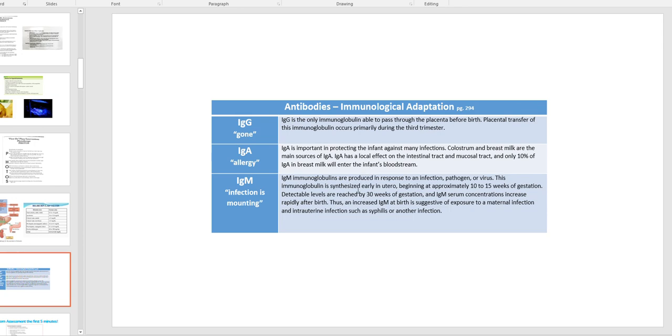That's detectable, and it goes into action when there's something for it to fight, like a virus, infection, a pathogen, okay? So IgG, it's not there. IgA is building up resistance to an allergy, and IgM is it's fighting.